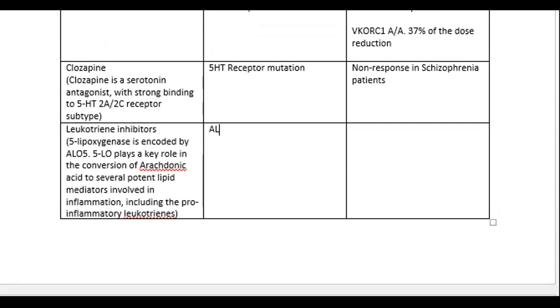And if there are ALOX5 mutations, then there is a non-response in the asthmatics.